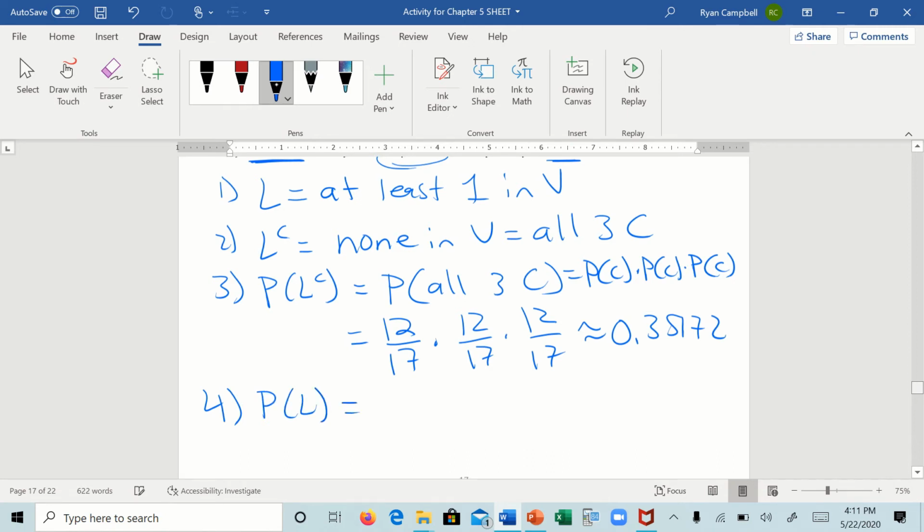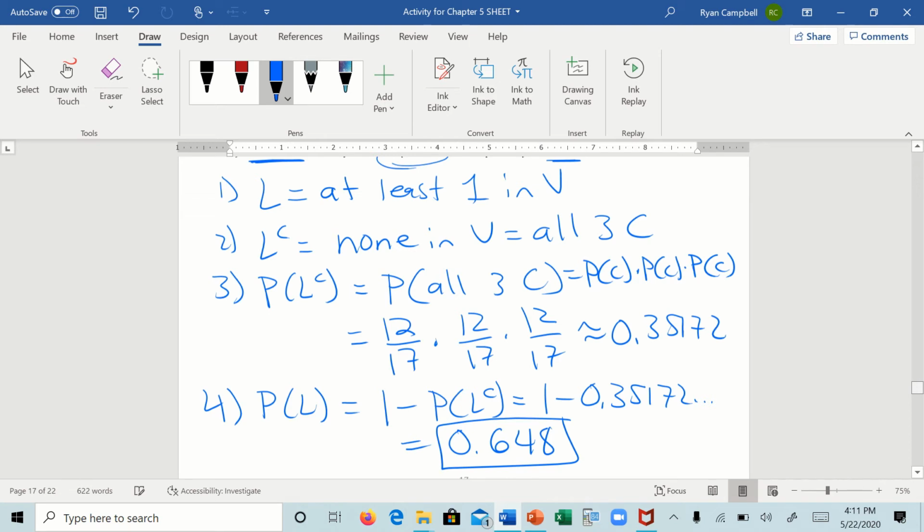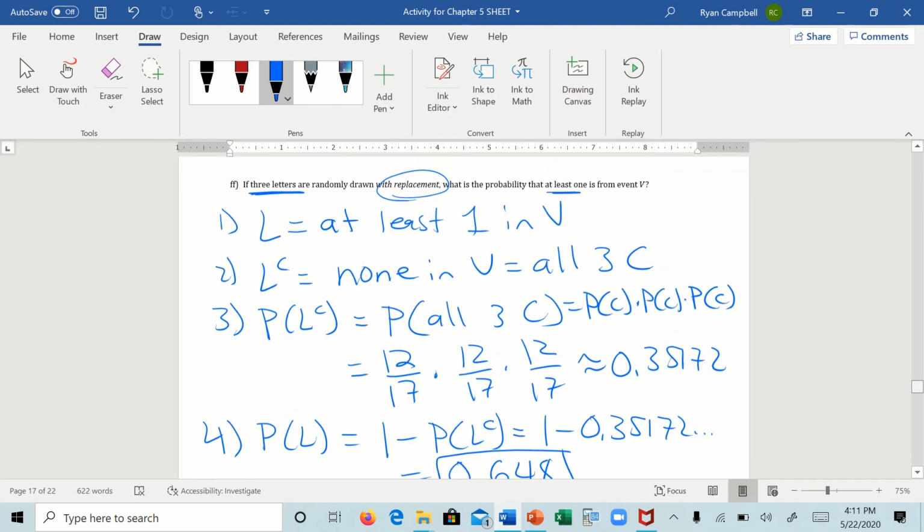So lastly, we know we just got to do 1 minus the complement to get our final answer. So 1 minus 0.3571. And we get 0.648. So that's our final answer, 0.648. And you'll see that every single at least one problem, if you know those 4 steps, this is it.